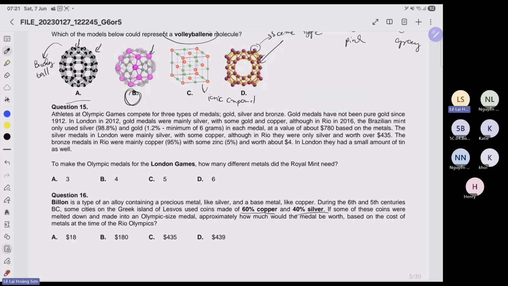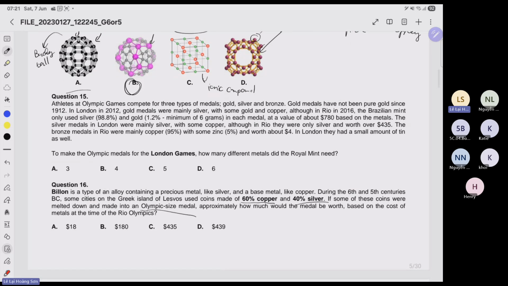Okay, based on the information that you have here, when you have 95% of copper and 5% of zinc, all right, it will cost you around $4, right?